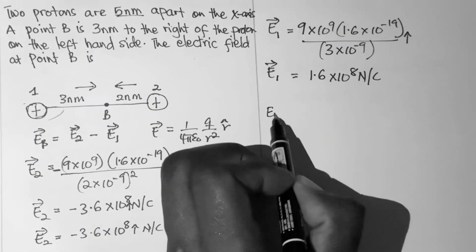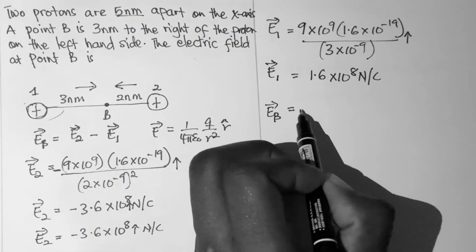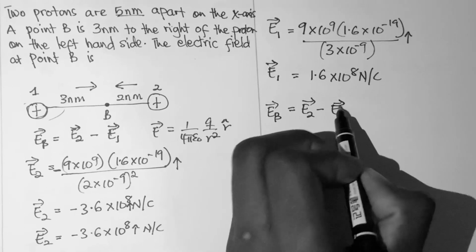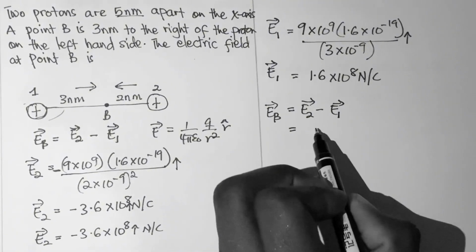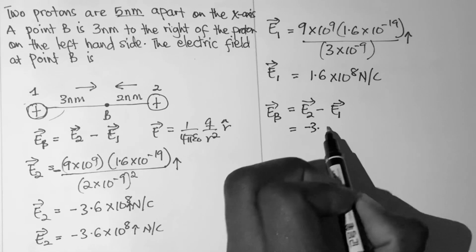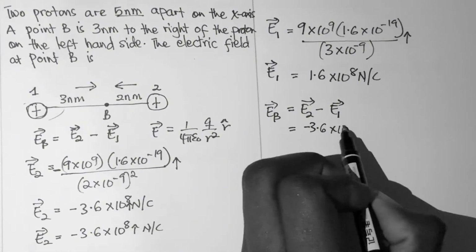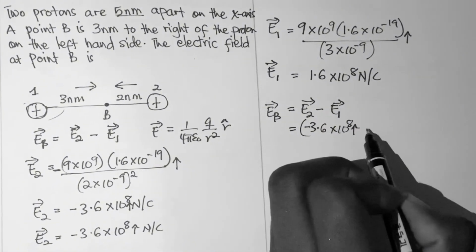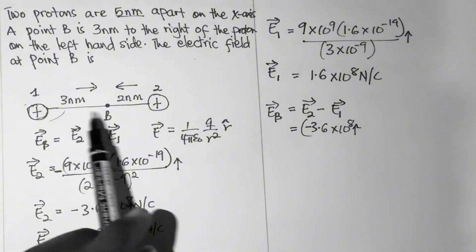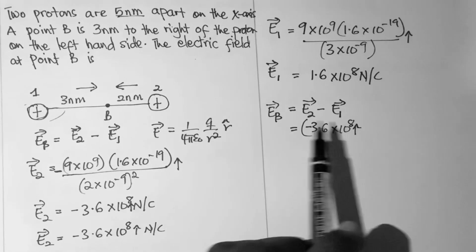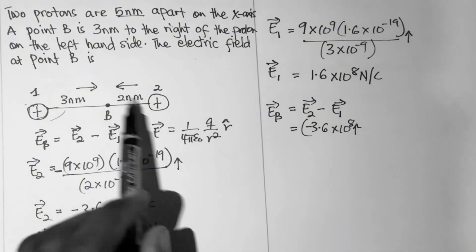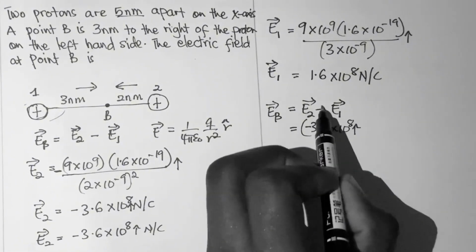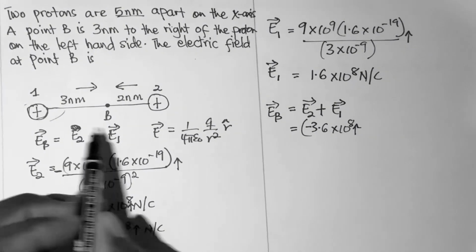The electric field EB, which is equal to E2 plus E1, this is equal to minus 3.6 times 10 exponent 8 i. Then, sorry, let's correct this mistake. So E2, remember that we are summing them algebraically. So here is supposed to be plus. So this is in terms of their magnitudes.